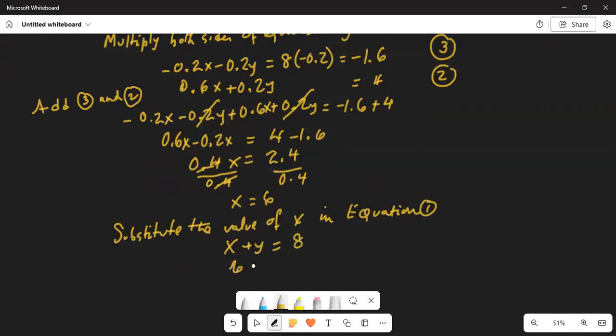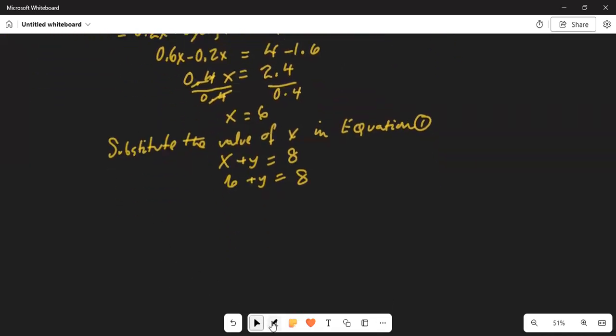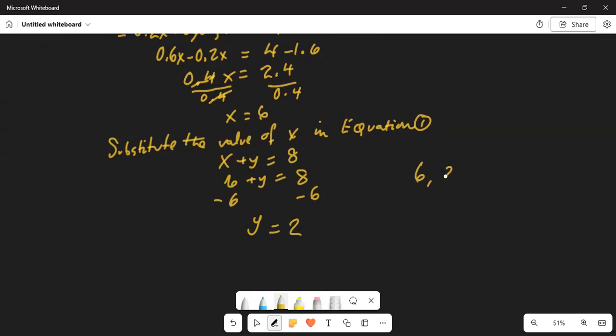So X is 6, plus Y is equal to 8. Now we have to remove the 6 from the left-hand side, and the way we do that is subtract 6 on both sides. So Y is equal to 2. So the solution is the ordered pair 6 and 2.